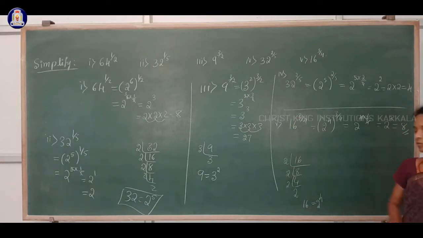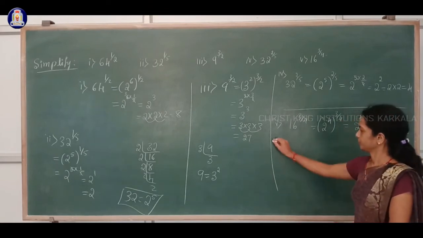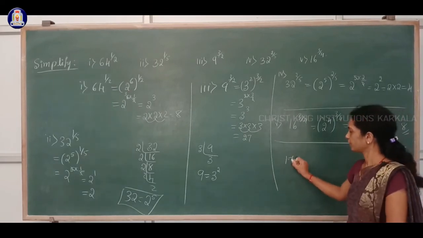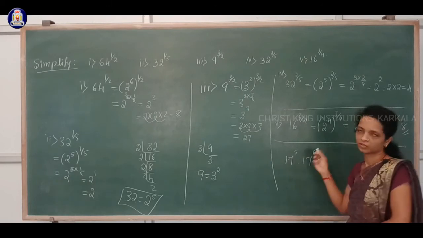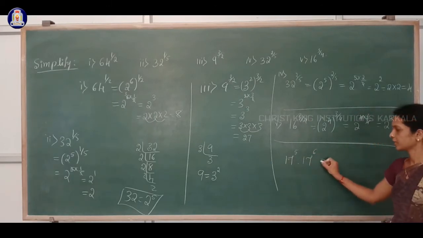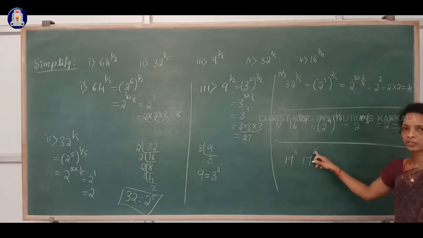And suppose you have something like this: 17 to the power 5 into 17 to the power 6. How will you simplify? If we have the same base and multiplication, you can add their powers.